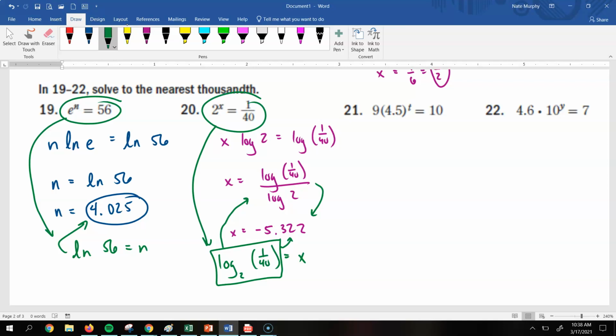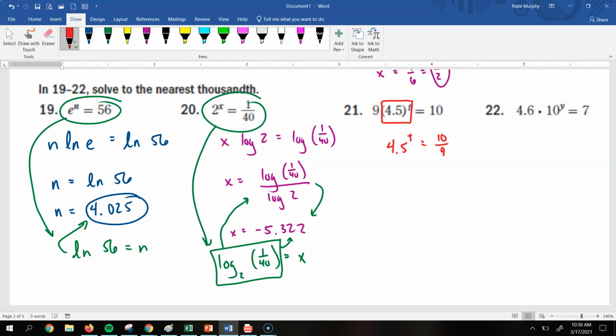Now for number 21, the base is not by itself. So before we do anything, we need to get the base by itself. So I'm going to divide both sides by 9. So we would have 4.5 to the t power equals, now 10 divided by 9 is a decimal that repeats itself, so to be more accurate, I'm just going to leave it as 10/9.